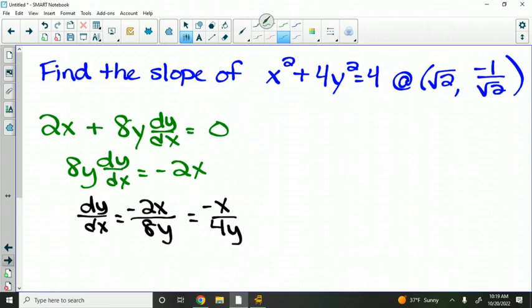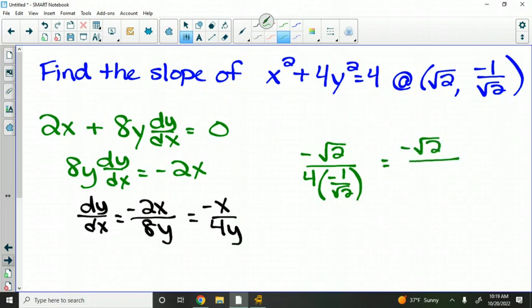So in for x, I'm going to put the square root of 2. And in for y, I'm going to put negative 1 over the square root of 2. Okay, then I'm going to combine the two things in the denominator. So that'll be negative 4 over the square root of 2.